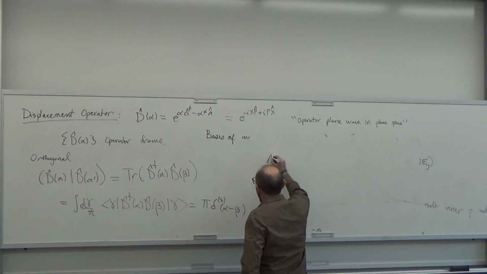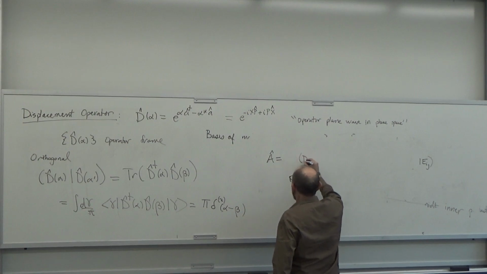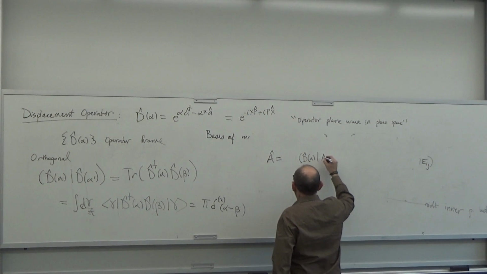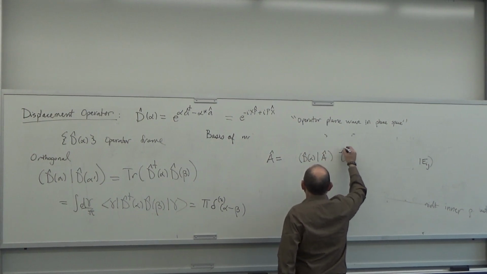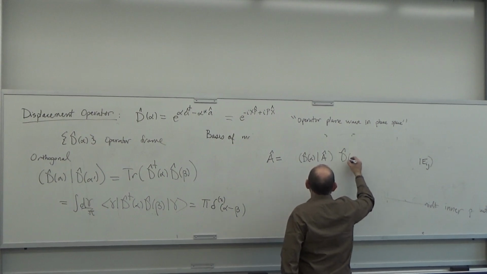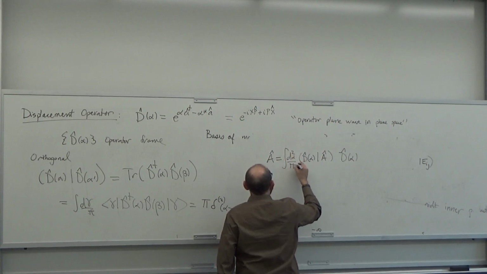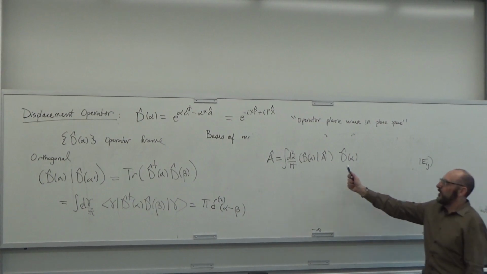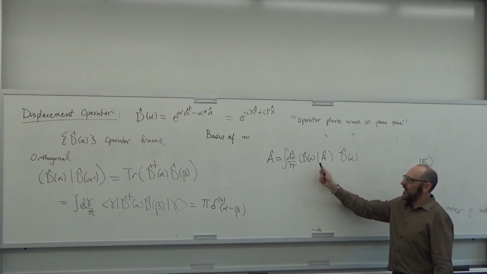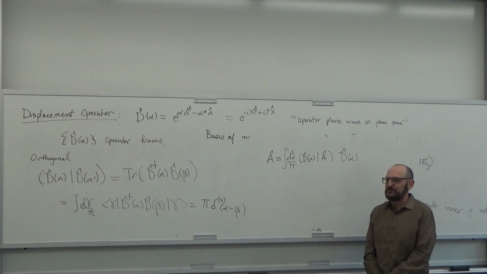So I can take any operator, I can project it onto that guy, and then sum it up over all space. Okay? So I took the operator, I projected it onto that basis direction, and I add them up.